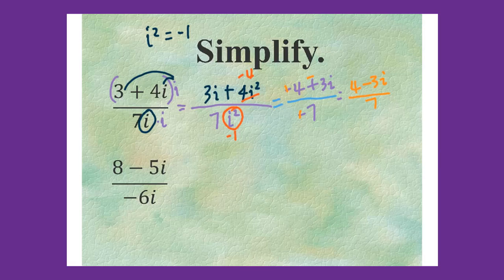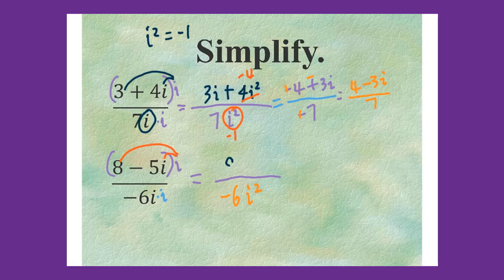For this question, still I need to multiply by i, top and bottom. So we got -6i squared. For the numerator, I do the distributive property.